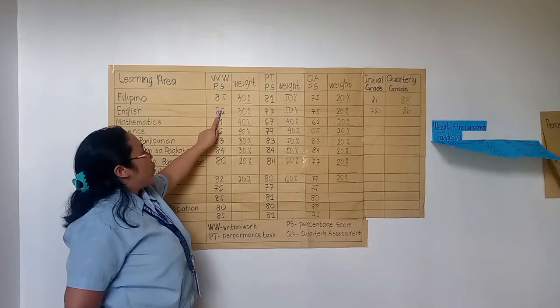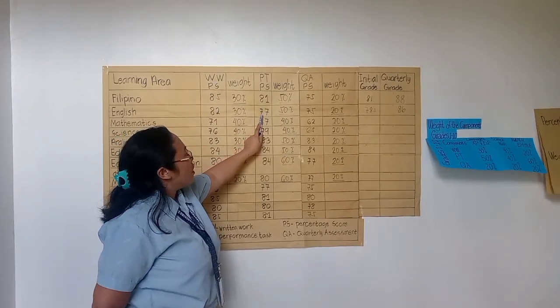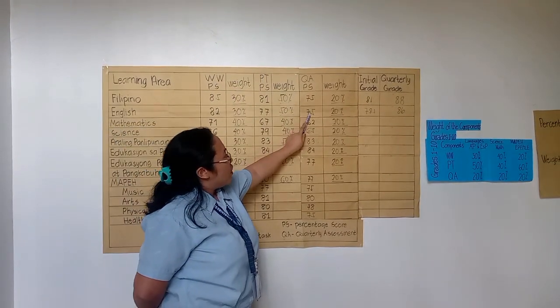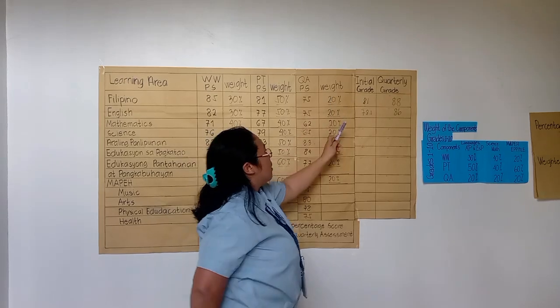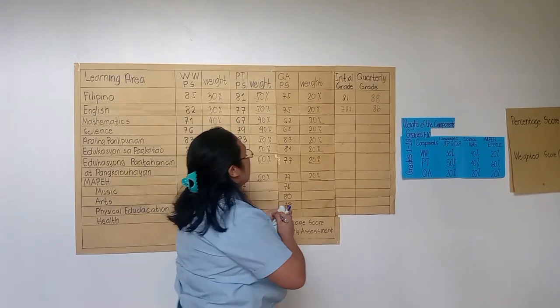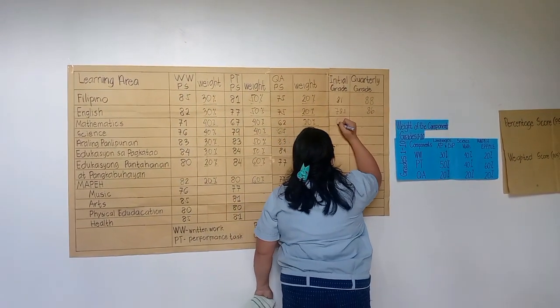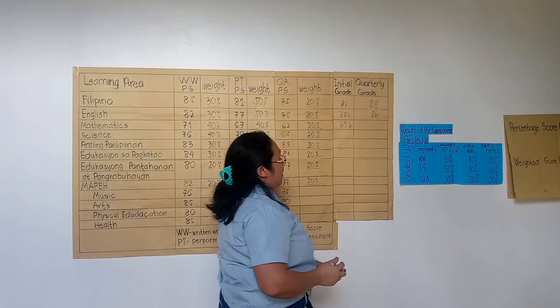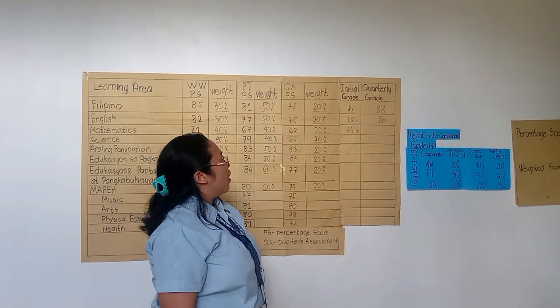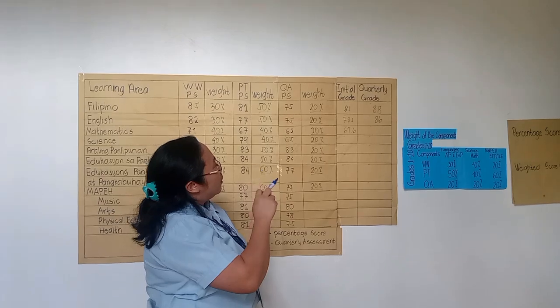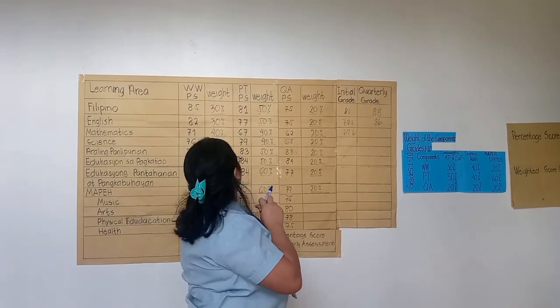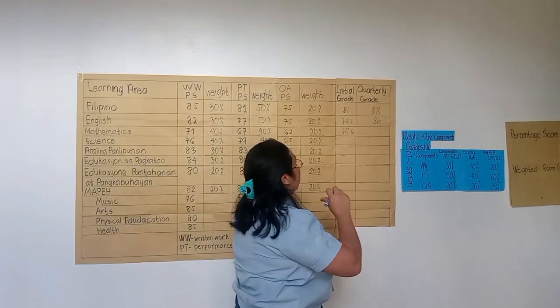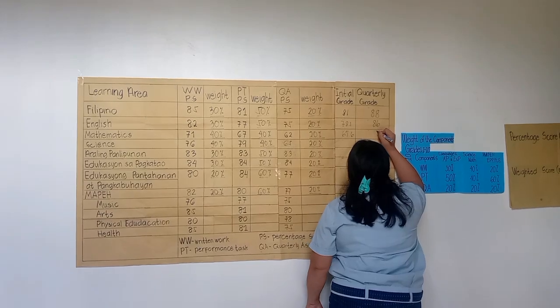So 28.4 plus 26.8 plus 12.4, the initial grade in mathematics is 67.6. And using the transmutation table, the final grade of Rico in mathematics is 79.